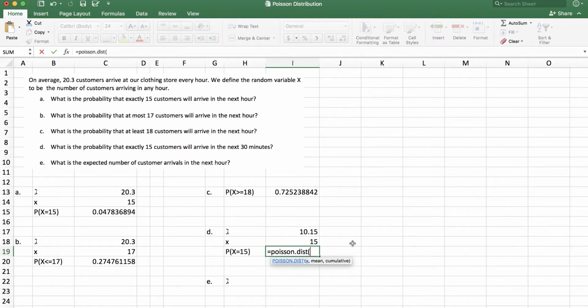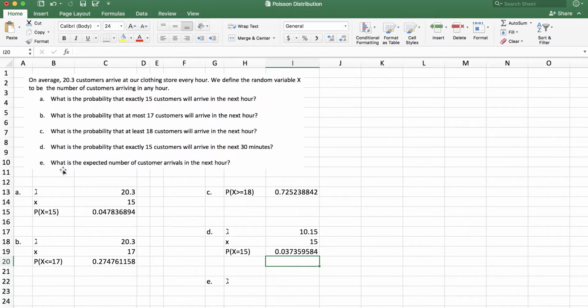So we are going to use our function POISSON.DIST. X is 15, the mean is 10.15, and the answer to cumulative is false, because the keyword "exactly" appears here, which means this is not a cumulative distribution. The answer is 0.037.